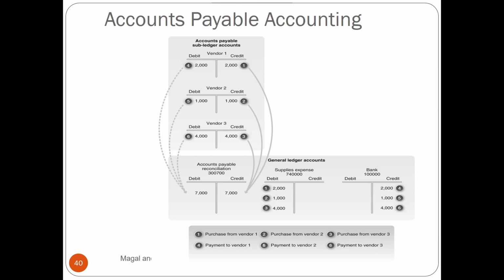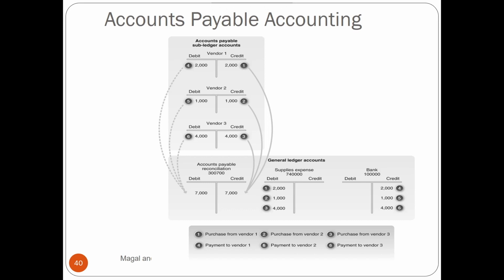The purchases are as follows: 2,000 USD for vendor 1, 1,000 USD from vendor 2, and 4,000 USD from vendor 3. GBI makes these purchases on credit and then pays the vendors at a later date via check.